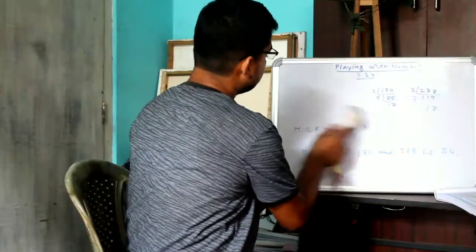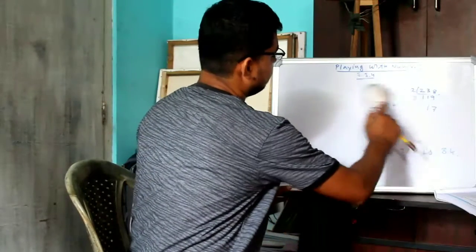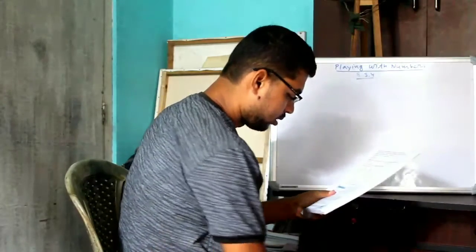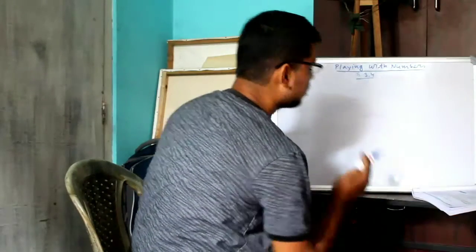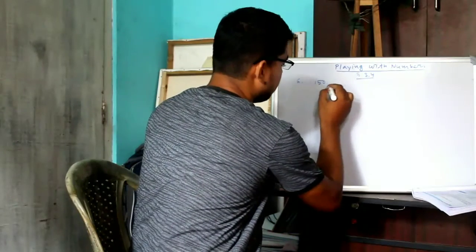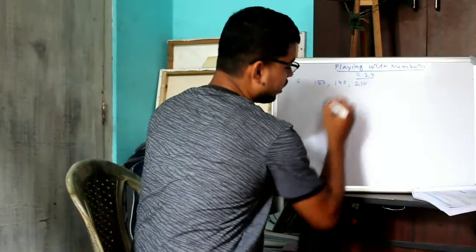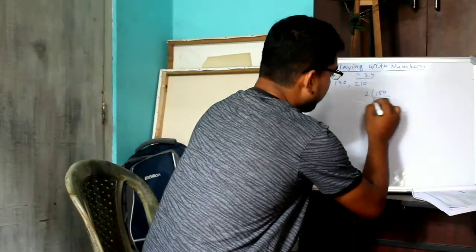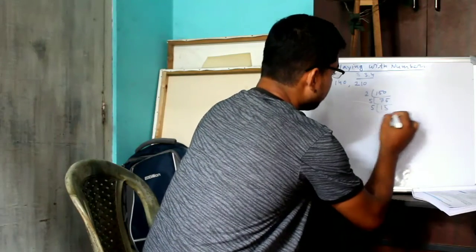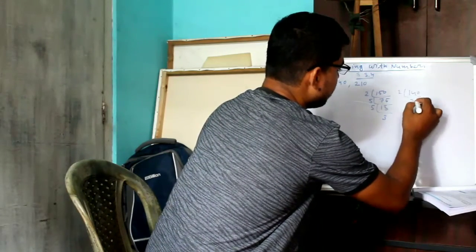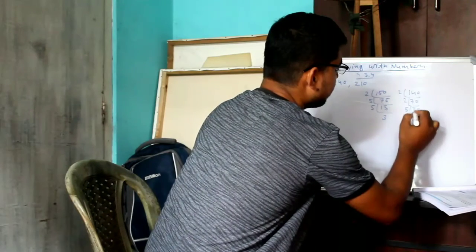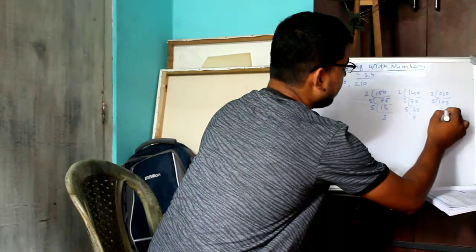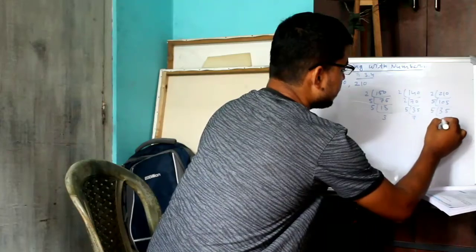Next, another one. Number 6: 150, 140, 210. 150 divided by 2 is 75, divided by 5 is 15, divided by 5 is 3. 140 divided by 2 is 70, divided by 2 is 35, divided by 5 is 7. 210 divided by 2 is 105, divided by 5 is 21, divided by 3 is 7.